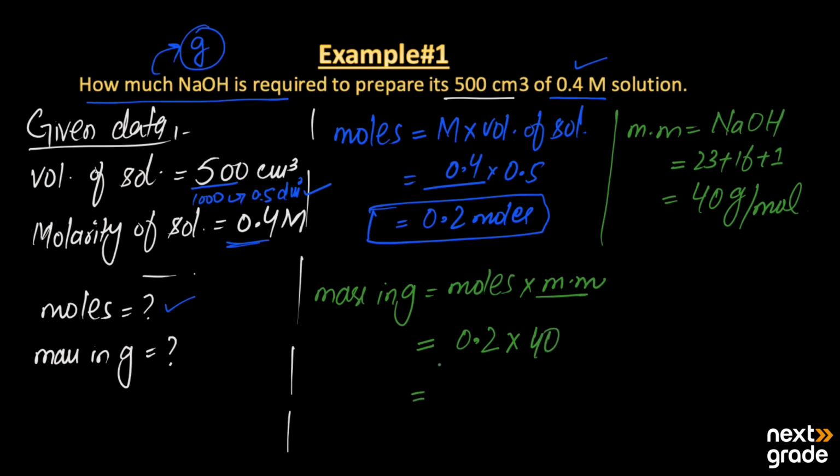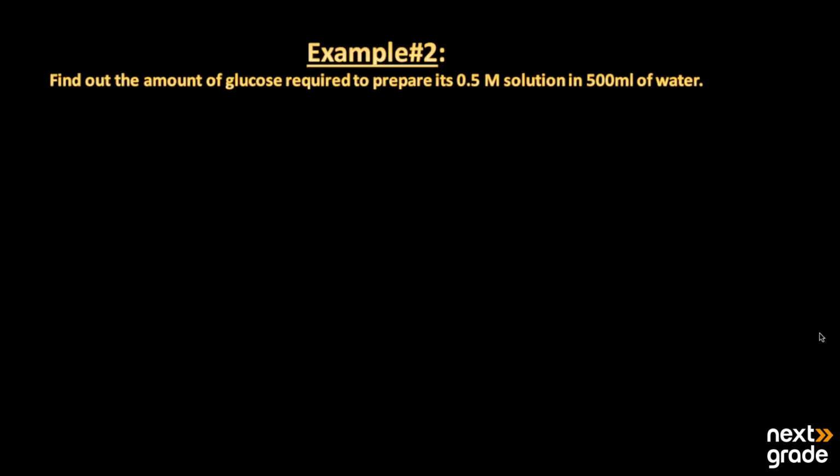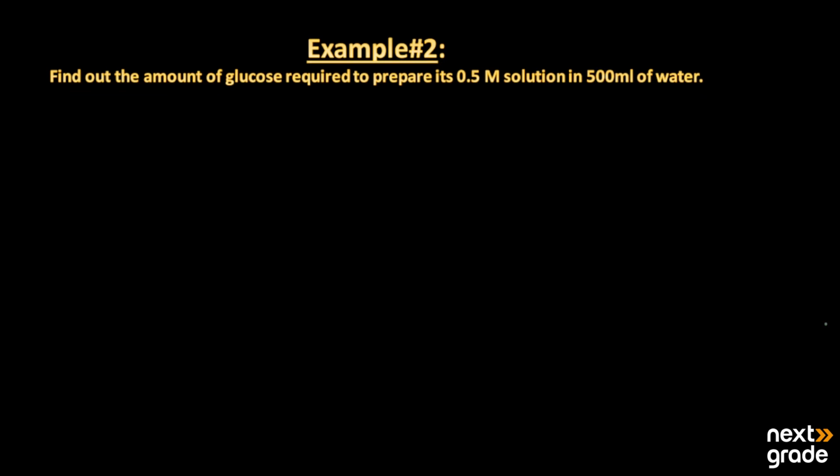The answer for this will be 8 grams. It means if we want to prepare 0.4 molar solution, then we need to have 8 grams of sodium hydroxide.